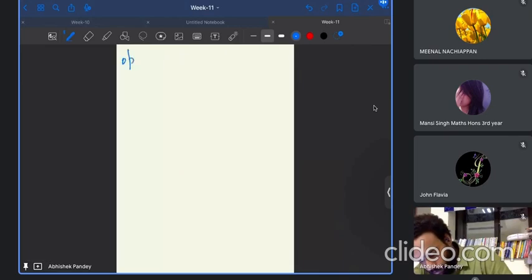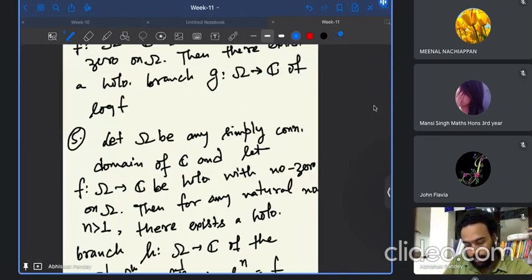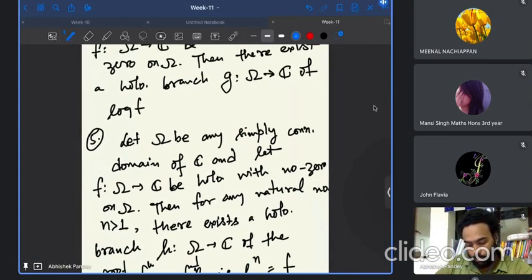Let us look at option 5. So let omega be a simply connected domain, and let f from omega to C be holomorphic with no zero on omega. So what does it mean?